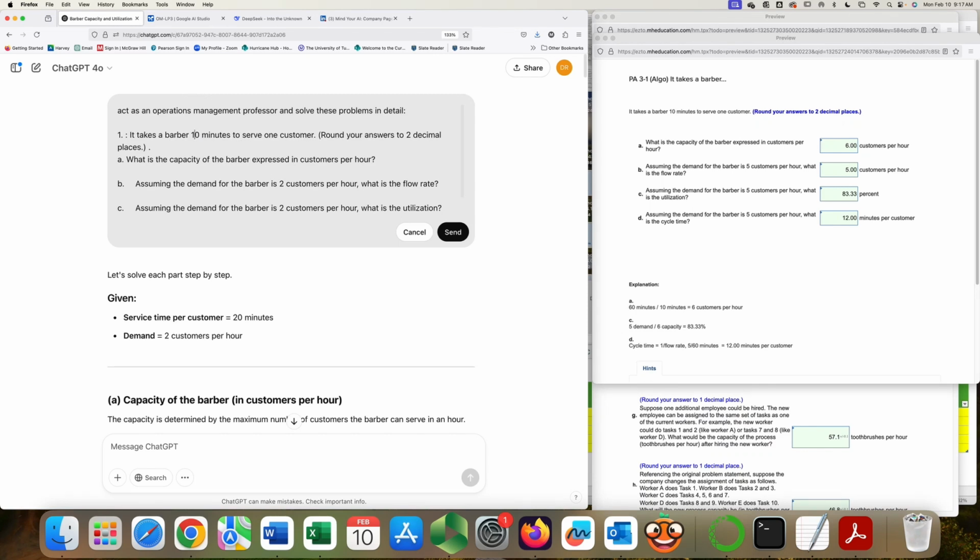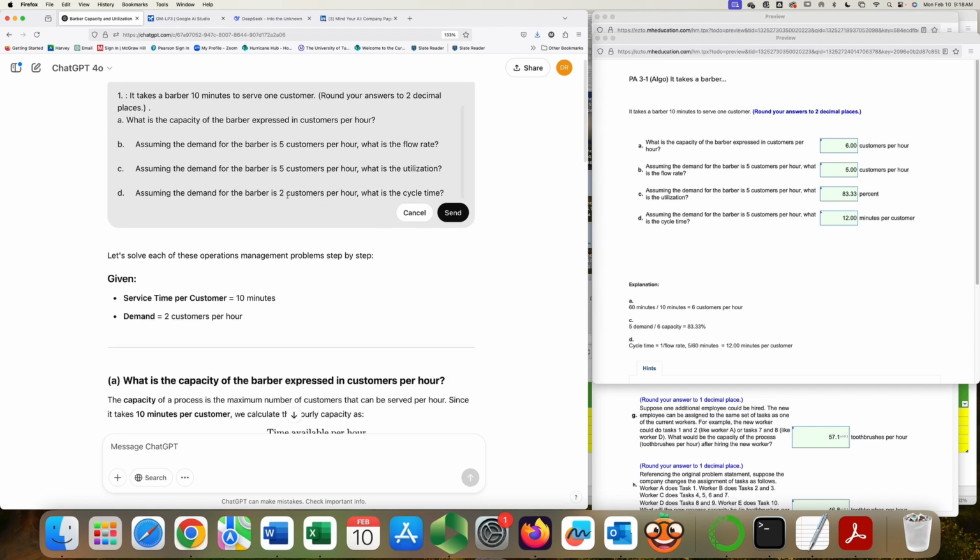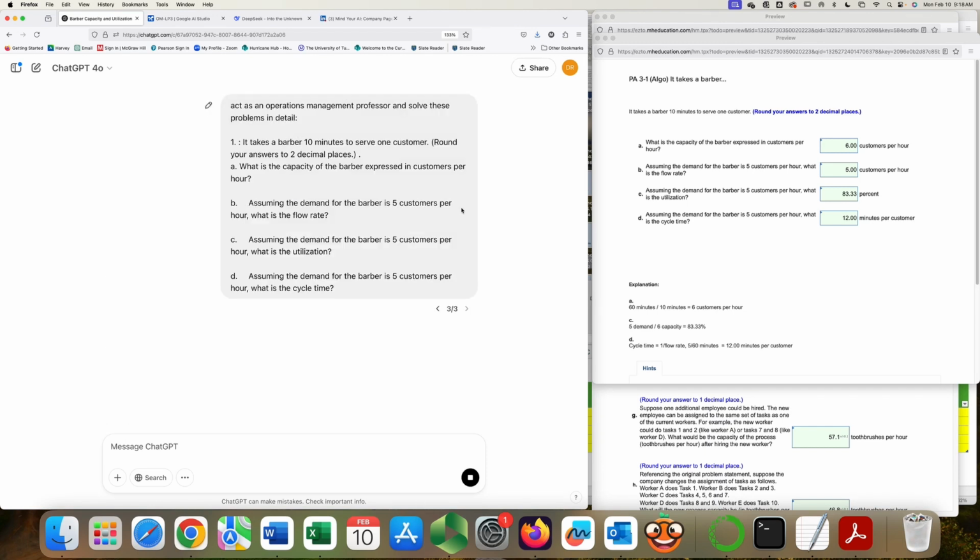It should be 10 minutes to serve one customer. I think I got the numbers wrong for some reason. This should be 5. The A, B, C, and D should be 5. So let's solve it again. Okay, that happens. That's okay.